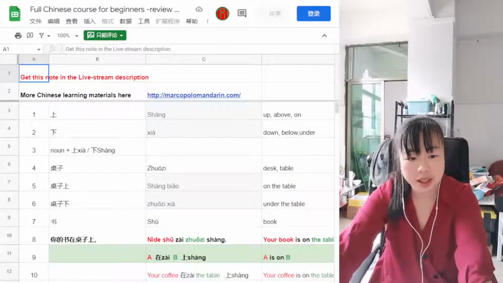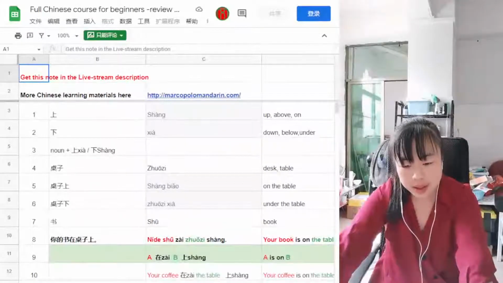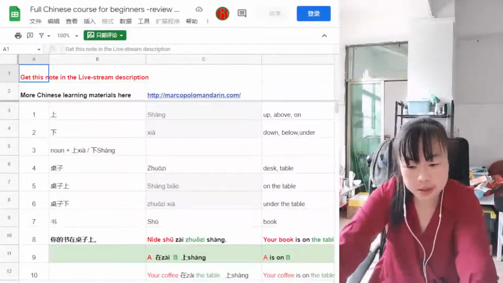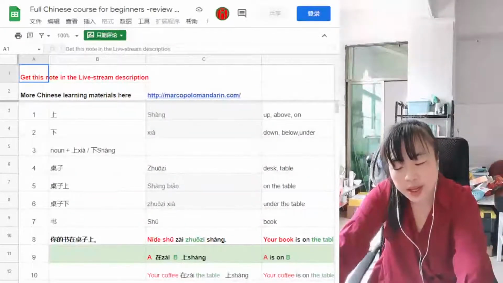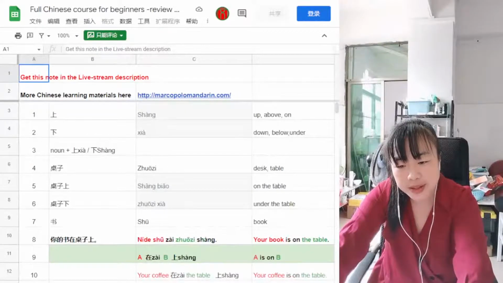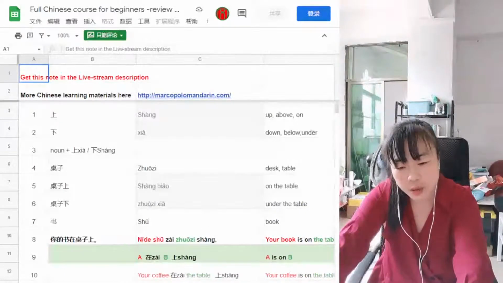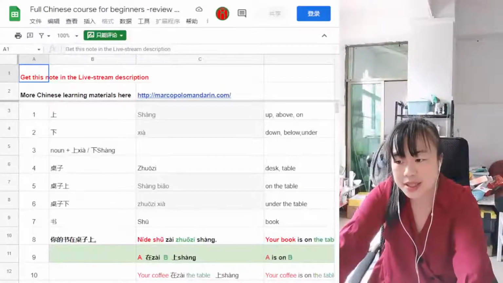Okay, I'm typing the pinyin. 那个大学生在房间的左边，那个大学生在房间的右边。If you want to check the patterns, you can try to color these sentences according to the pattern.